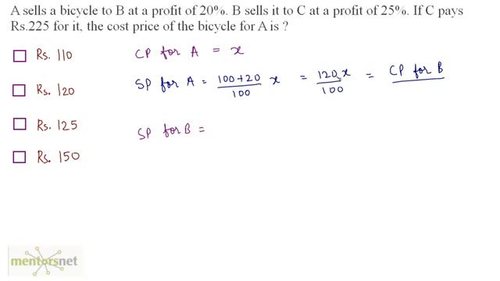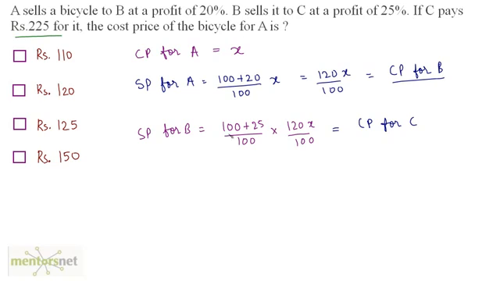The cost price for B is 120 X upon 100, so this is equal to 125 upon 100 times 120 X upon 100. This is also the cost price for C, because B sold it to C and C paid this much for the bicycle. It is said that C pays 225 rupees for it, so this is equal to 225.